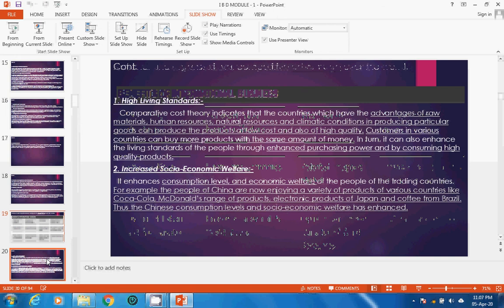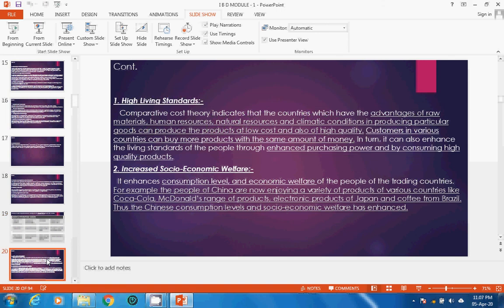High living standards. Comparative cost theory indicates that the countries which have the advantages of raw materials, human resources, natural resources, and climatic conditions in particular goods can produce the products at low cost and also of high quality. Customers in various countries are able to buy those commodities.